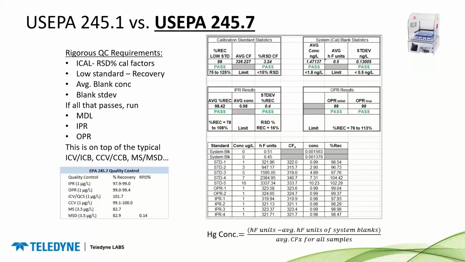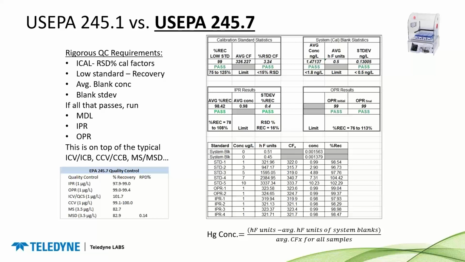And there's also rigorous QC requirements for this method. So just for the calibration itself, there's a limit on the maximum blank concentration. There's a limit on the standard deviation of the blank concentrations. There's a % RC limit on the calibration factors themselves, and a % recovery of the lowest calibration standard limit.